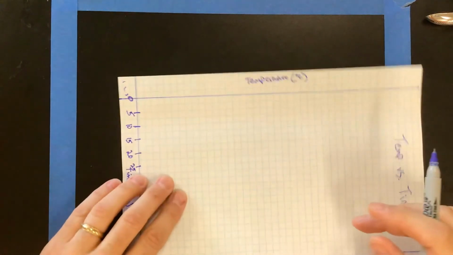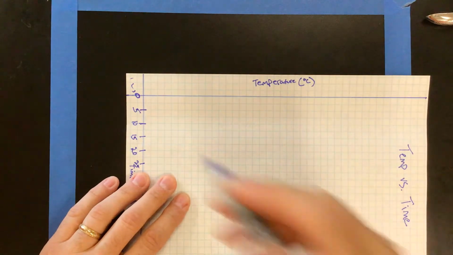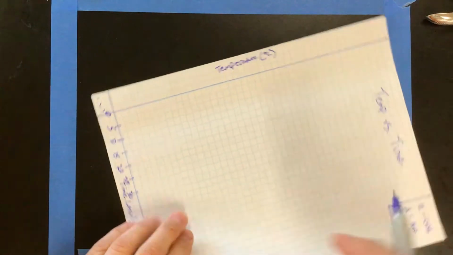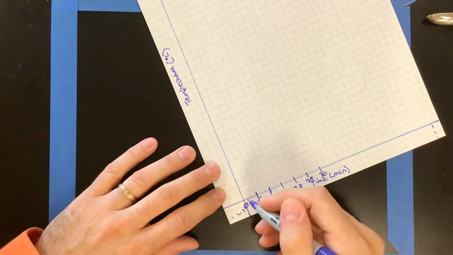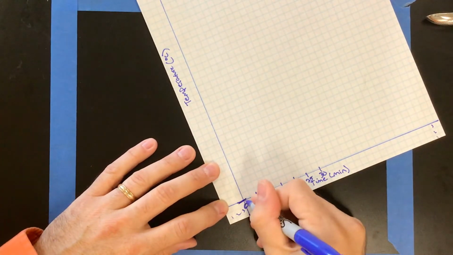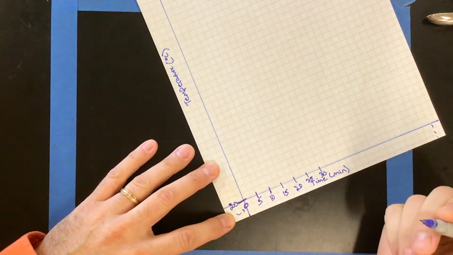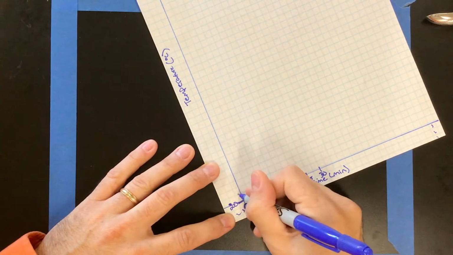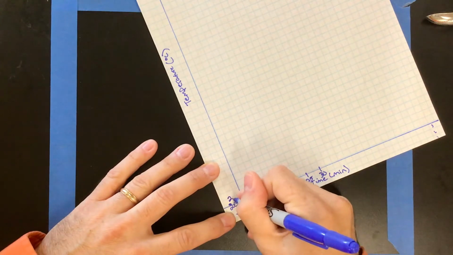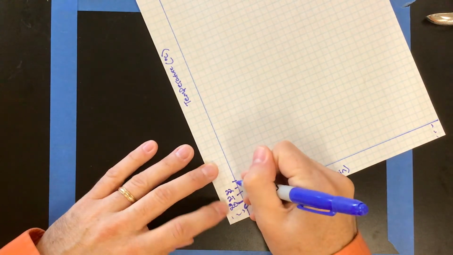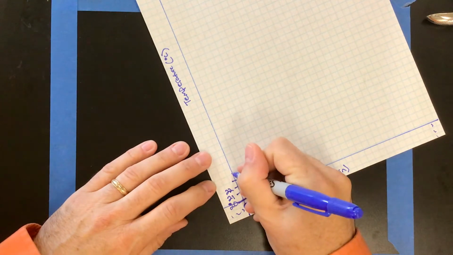On our temperature side, let's say that our lowest temperature is 20 degrees. We could then start on this line, our lowest temperature would be 20. Let's say that our temperature, we're going to go by ones, 21, 22. That would be 23. Our numbers are starting to get close together here.